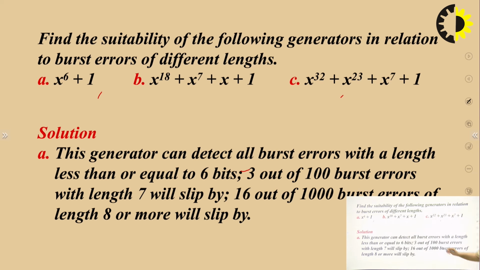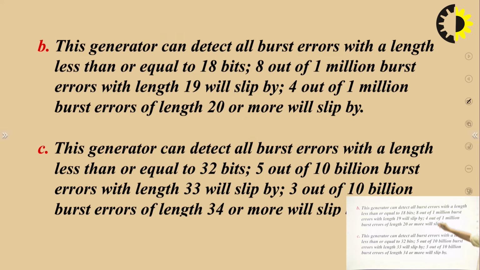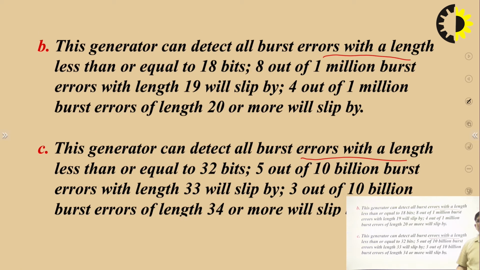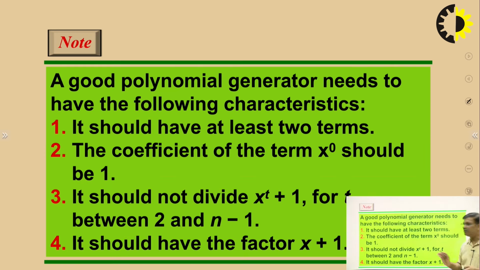The generator can detect all burst errors, because this has the factor of x plus 1. But everyone has some limitations. So based on these limitations, we have to decide what type of generator or divisor to use. So these are some rules.